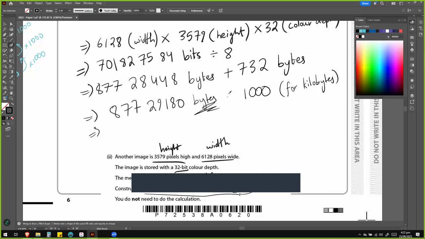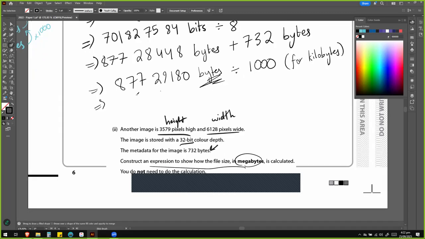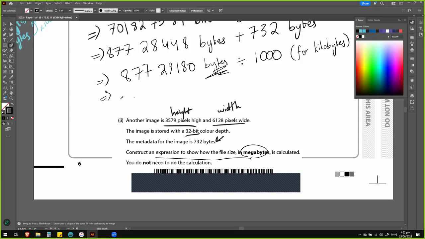We will divide this. The answer that we will get now is 8772929.18, and I'm going to write KB here. Okay, kilobytes. After that, we will divide it again by 1,000. Why will we do that? This time we will do it for megabytes.